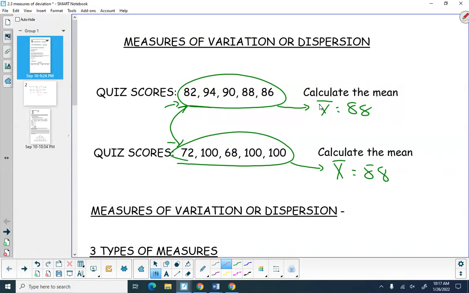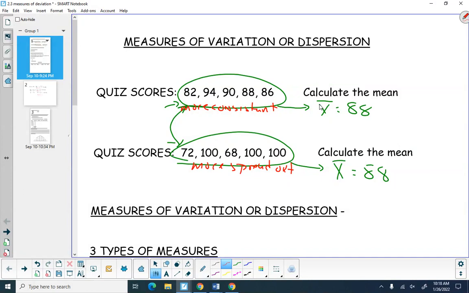Because this is more consistent, and these are more spread out, where we have the good test scores and not so good test scores. They're more spread out.